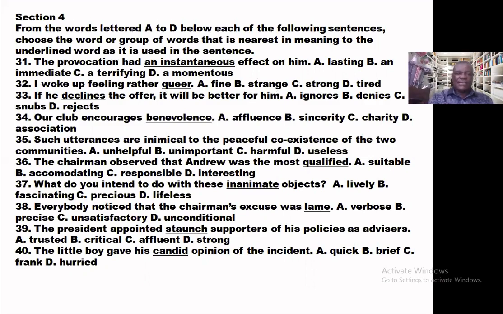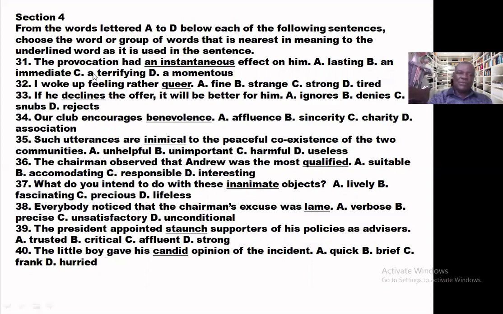If he declines the offer, it will be better for him. A, ignores, B, denies, C, snubs, D, rejects. Yes, so if you can replace decline with rejects, if he rejects the offer, that's absolutely correct.